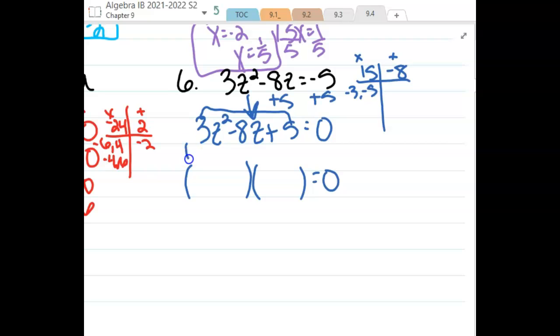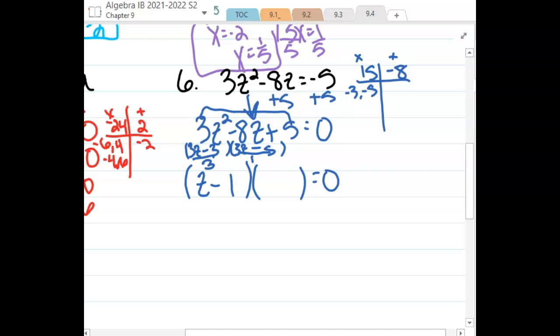Now remember, with the airplane method, since this is a 3z squared, we have to start with 3z and 3z, and then minus 3, minus 5, and then land your plane. 3z and 3 have a 3 in common. 3z and 5 don't have anything in common, so we'll just divide out a 1. 3z divided by 3 would just be z. 3 divided by 3 would be 1.